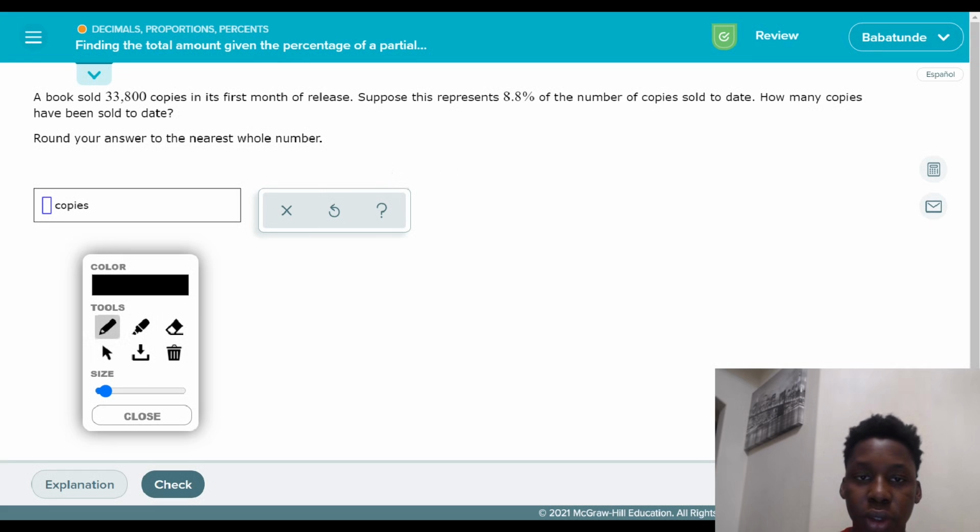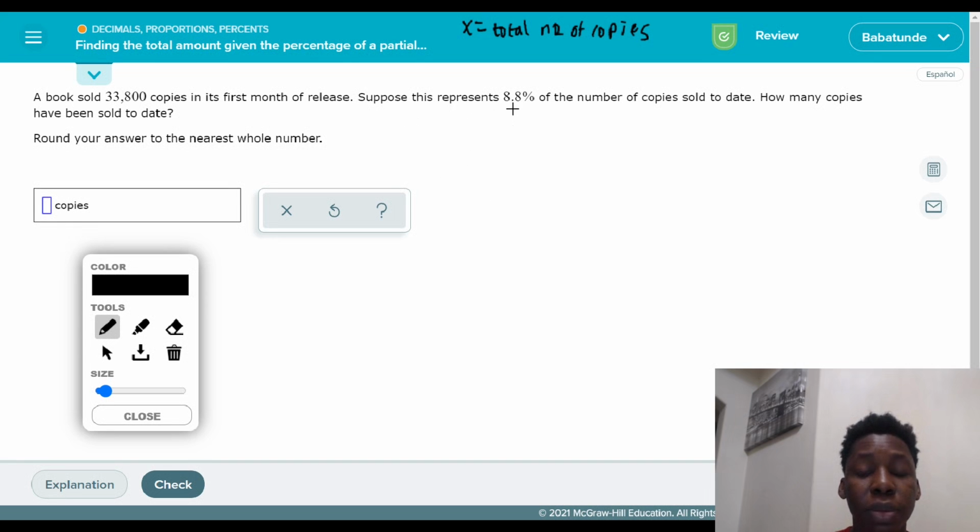Let's start solving it. First, I want to set what I'm looking for as a variable. So I set x equals the total number of copies. I already understood the question, so now I implement that understanding to work it out.